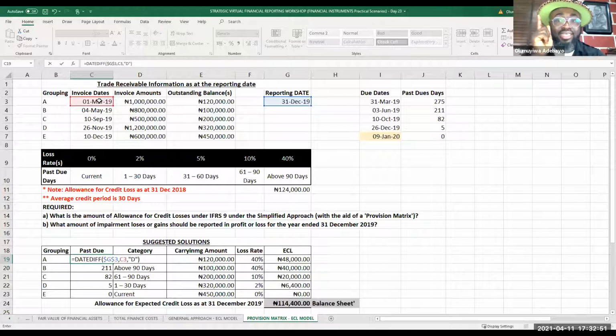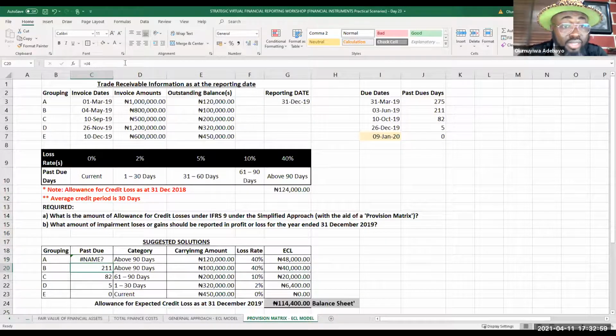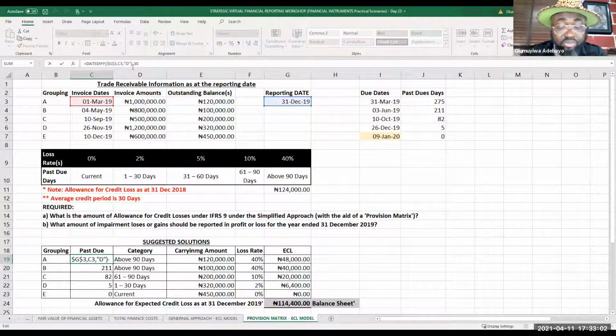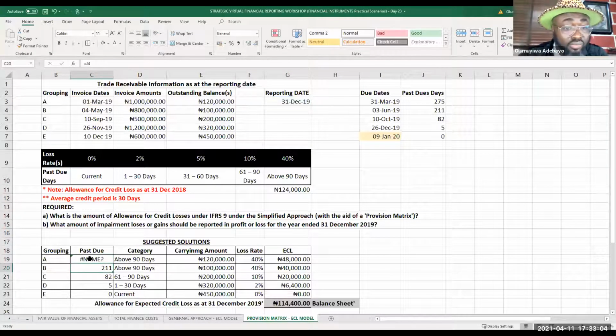But I'm aware that I have a credit period of 30 days. I'll just subtract 30 days. What have I done? Okay, I didn't put a space.